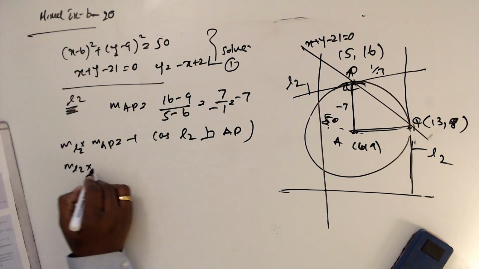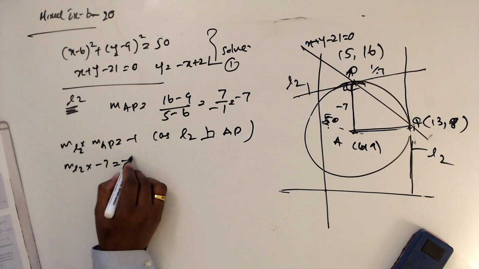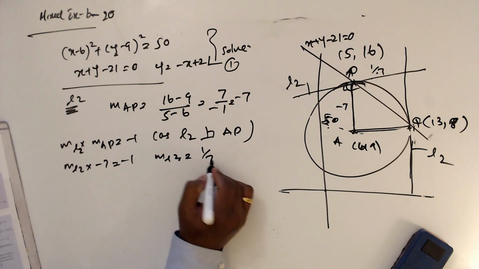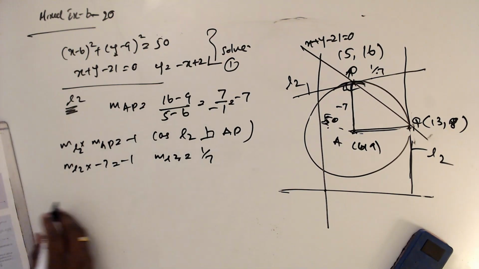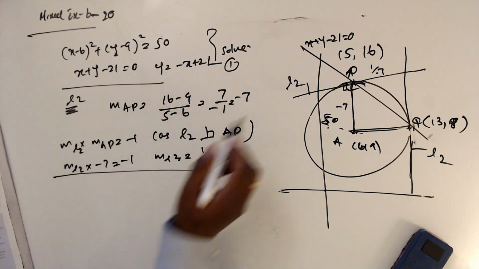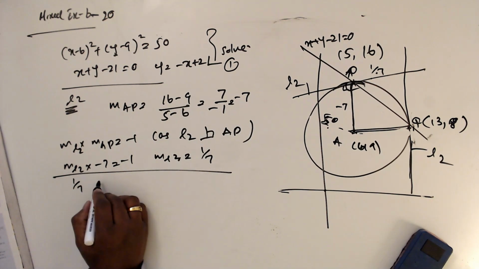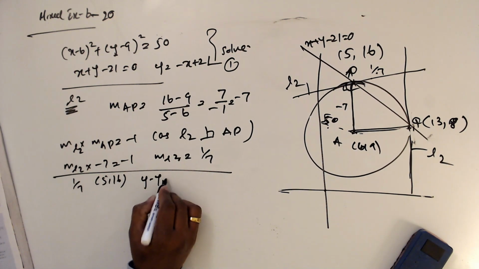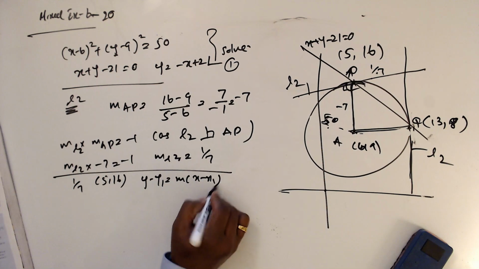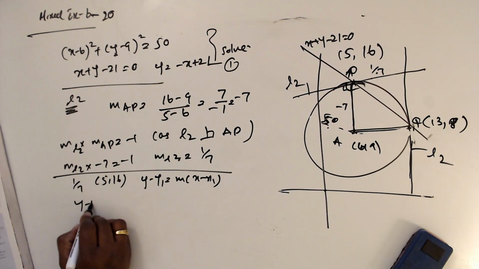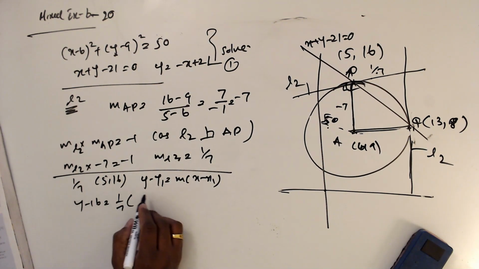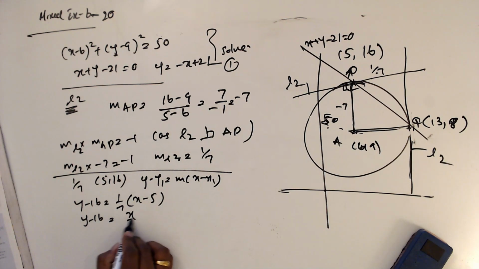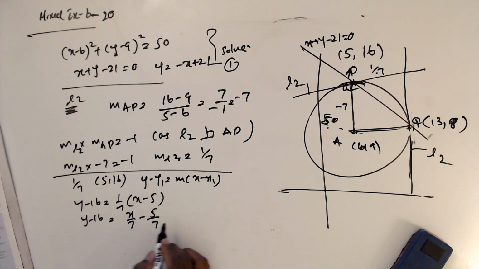Then the gradient of L2 times minus 7 equals minus 1, so the gradient of L2 equals 1 over 7. Now we have the gradient and the point: gradient is 1 over 7, point is (5, 16). Now y minus y1 equals m times (x minus x1). So y minus 16 equals 1 over 7 times (x minus 5). y minus 16 equals x over 7 minus 5 over 7.